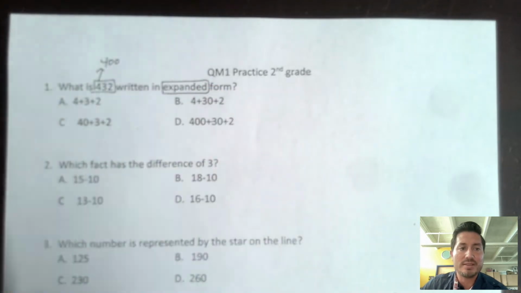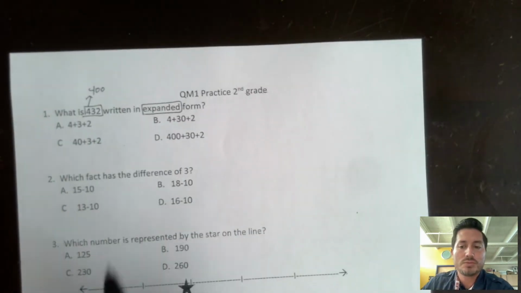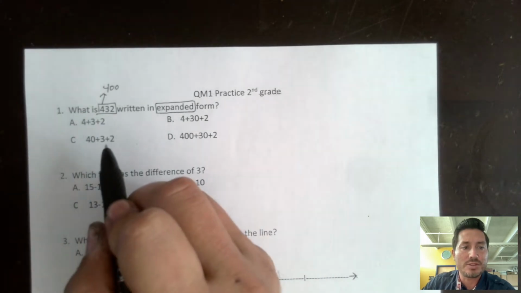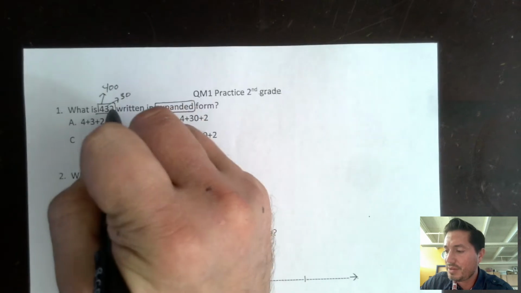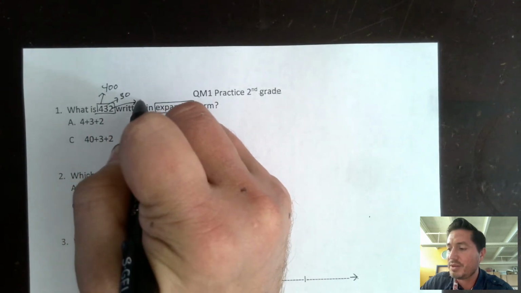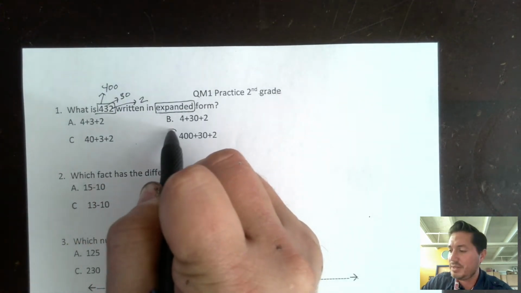The 3 is in the tens place, so it's going to be 30. And the 2 is in the ones place, so it's going to be just 2. So 400 plus 30 plus 2 is going to be D.